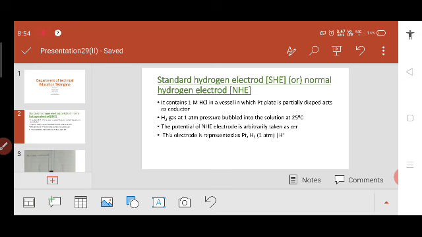When the hydrogen electrode potential is measured as zero using 1 molar HCl at room temperature of 25 degrees Celsius and hydrogen gas at 1 atmosphere pressure, then that electrode potential is called the standard hydrogen electrode potential, or standard hydrogen electrode. Very simple.